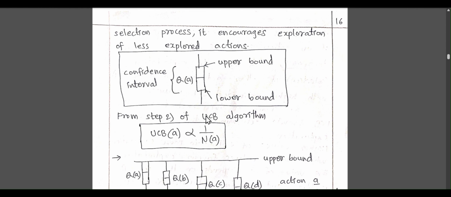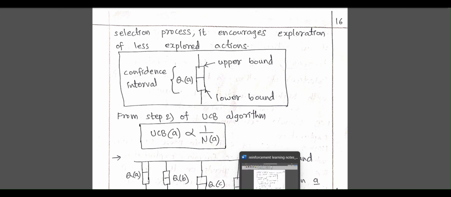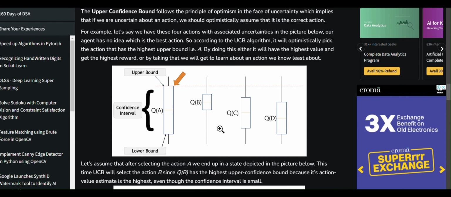Here you have the diagram of the confidence interval. You can see that this bracket indicates the confidence interval. The bracket above the confidence interval is the upper bound value, and the lower bracket indicates the lower bound.